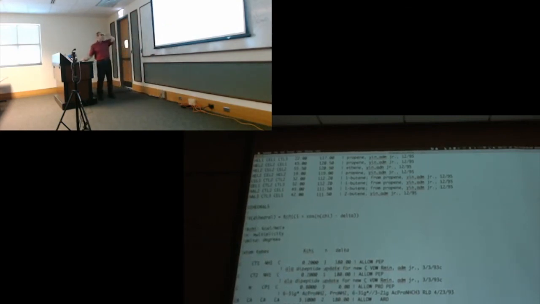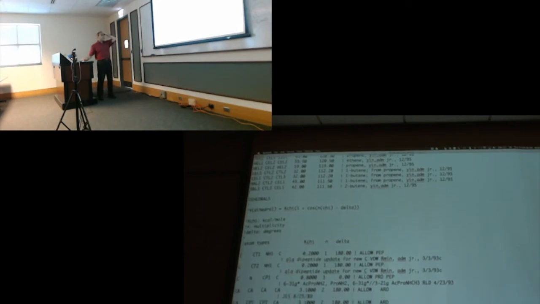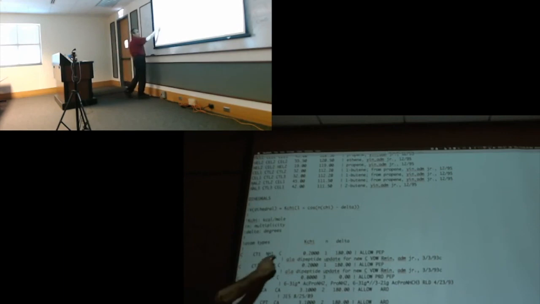A couple of things are special for dihedrals. You can have multiple terms for the same set of atom types. That allows you to have really fancy forms of your potential, almost like a Fourier series. That allows you to introduce really cool features in your potential.